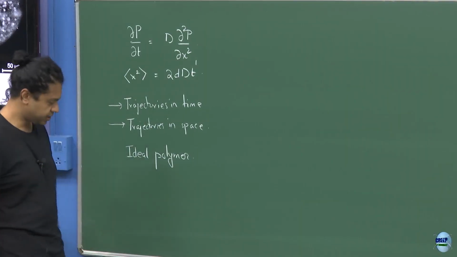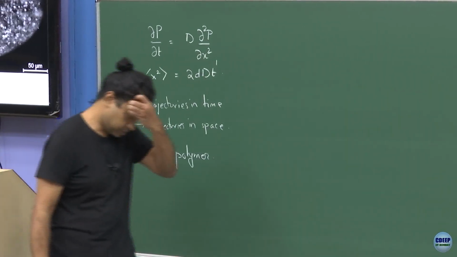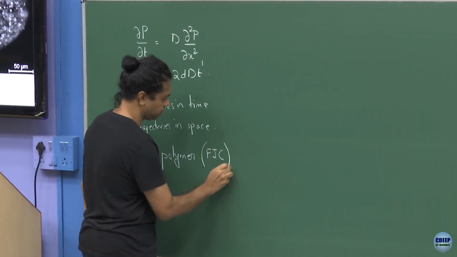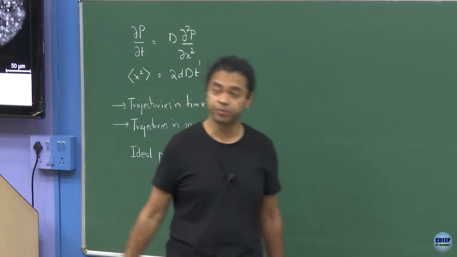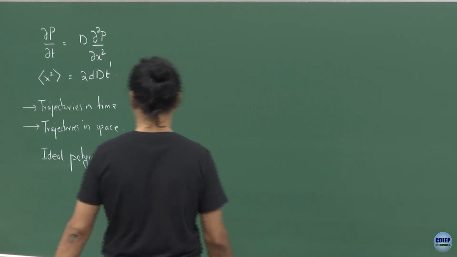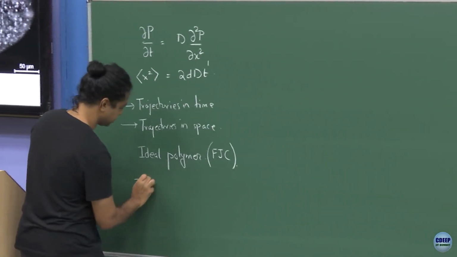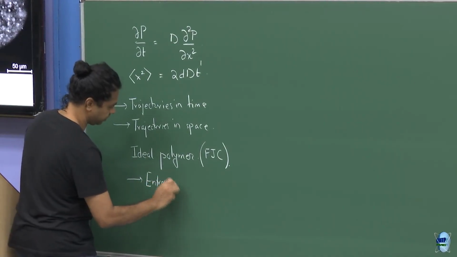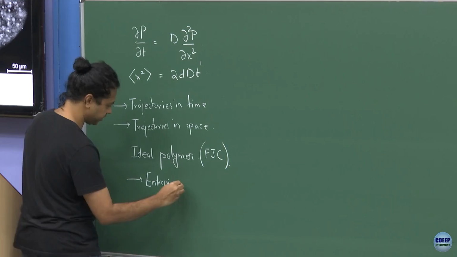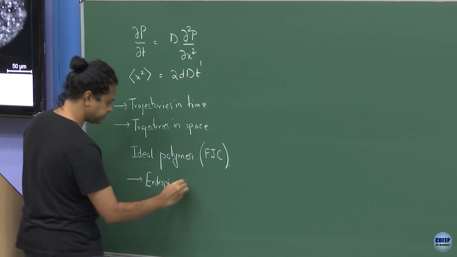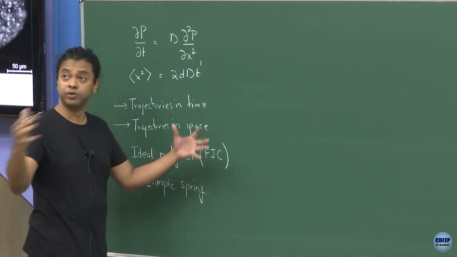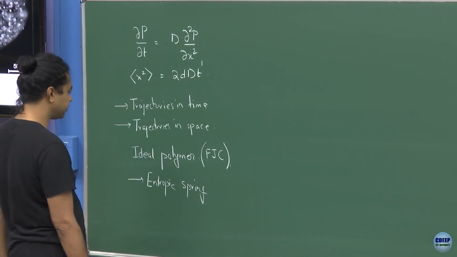And we said that this ideal polymer, or what we also called the freely jointed chain, acts as a sort of spring, purely an entropic spring. If you calculate the entropy, the maximum number of microstates is when the polymer is collapsed, and therefore if you stretch the polymer, it always will try to collapse back.